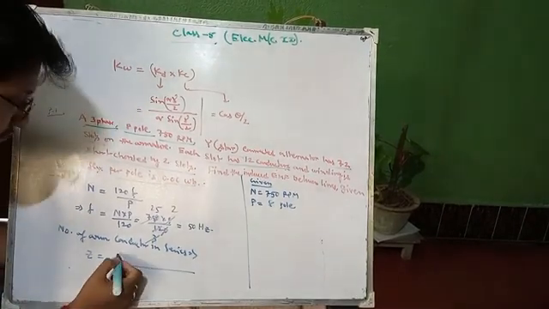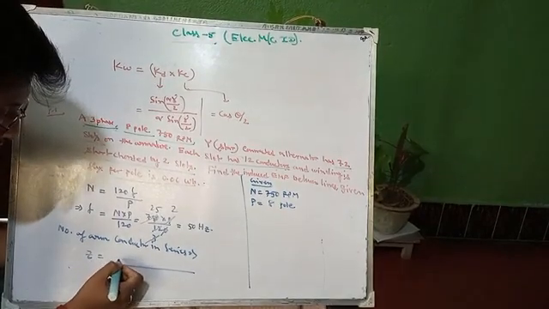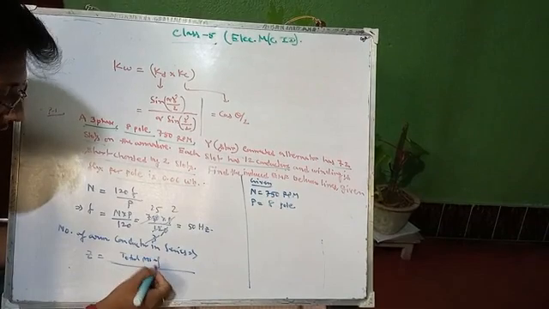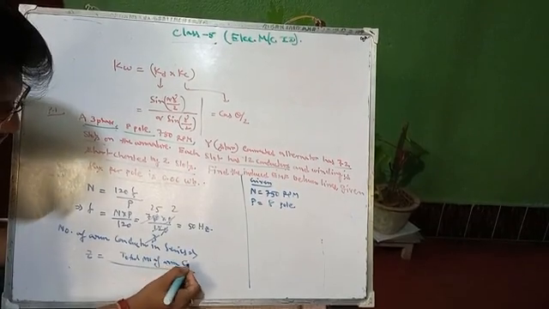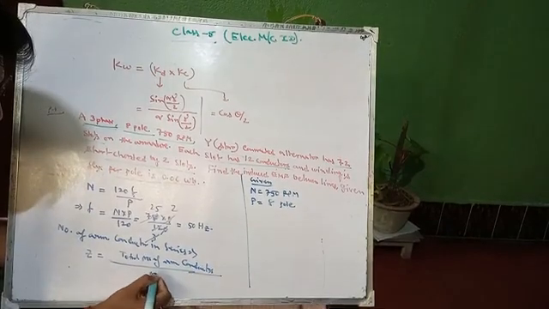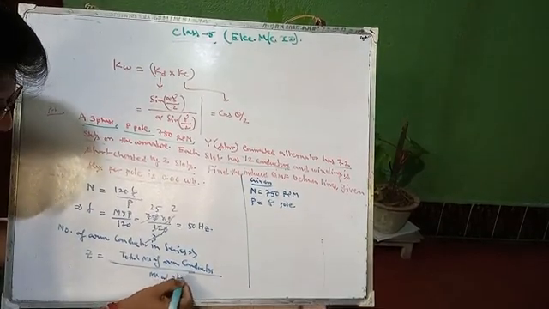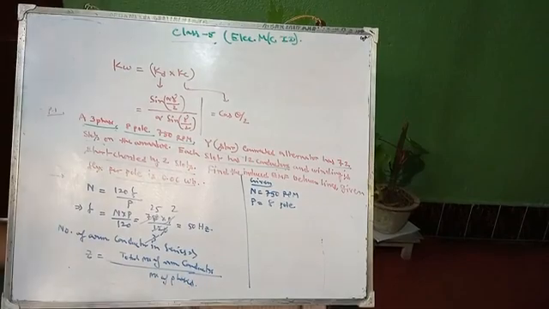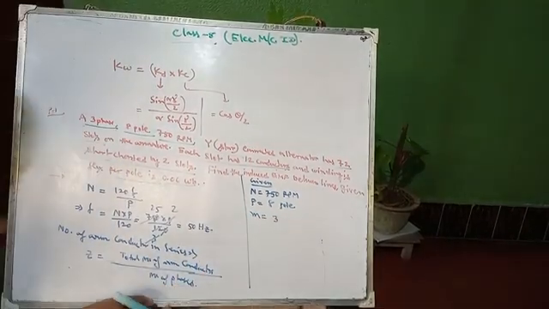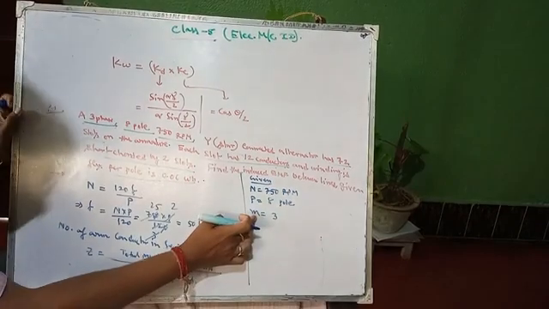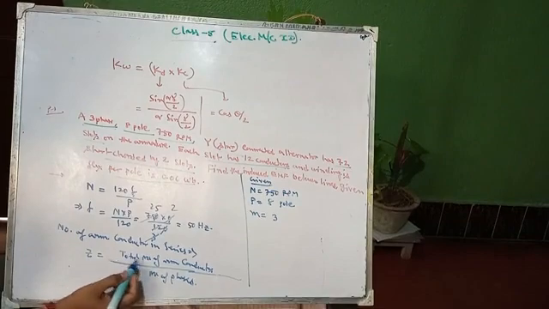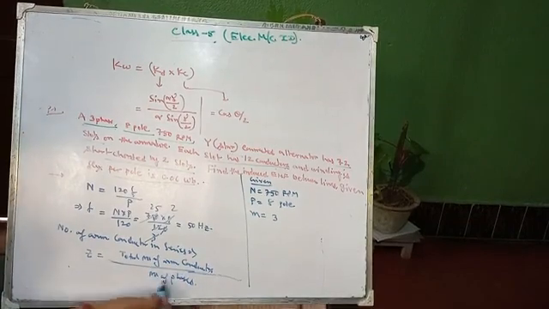Z is the total number of armature conductors divided by the number of phases. Suppose m equals the number of phases, which will be 3. So m is the number of phases. Total number of armature conductors divided by number of phases.